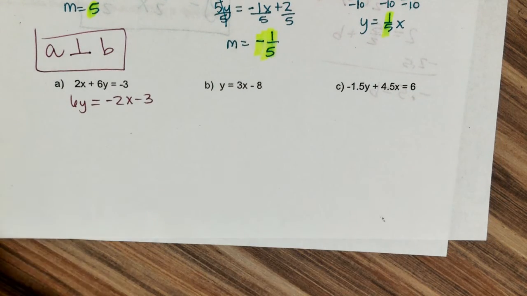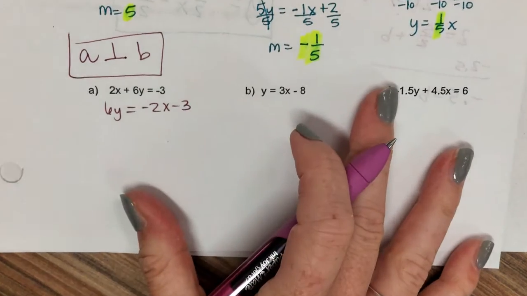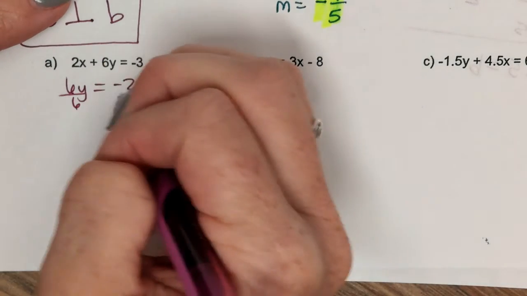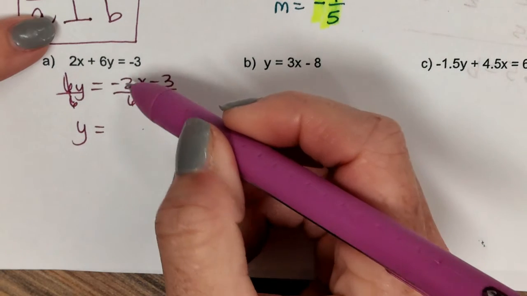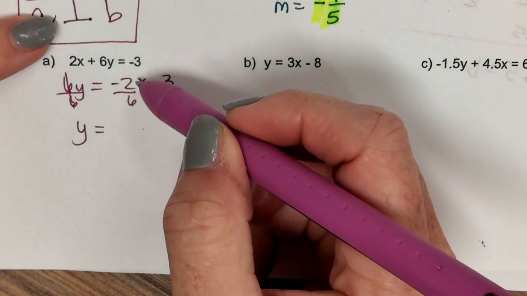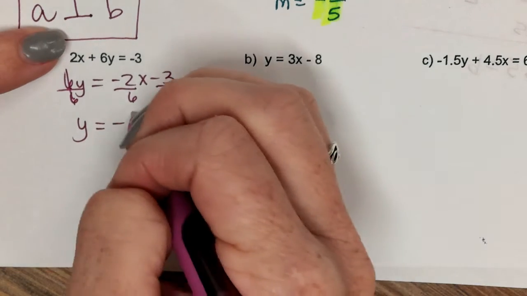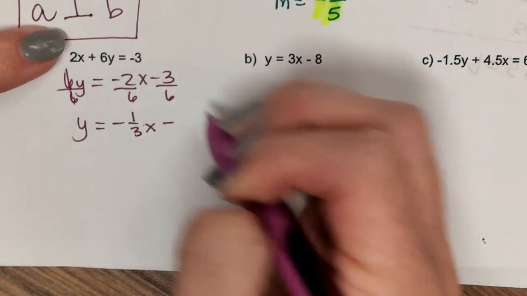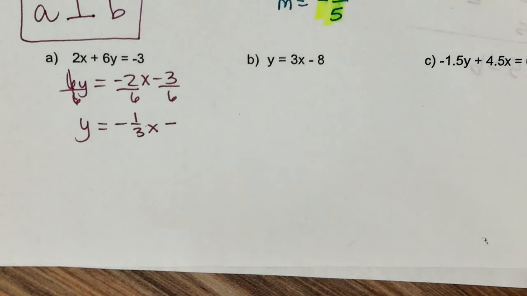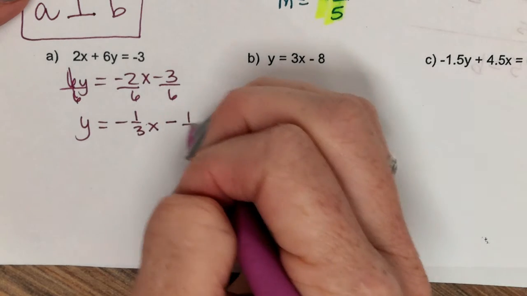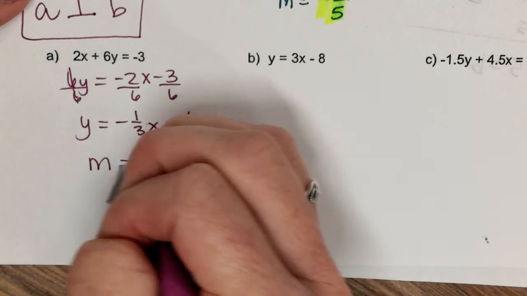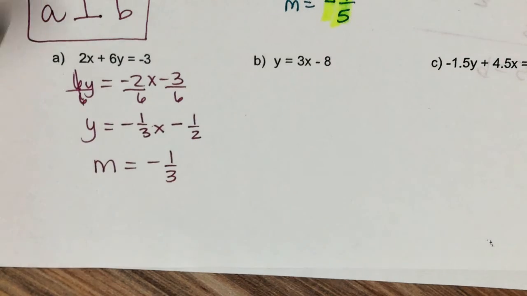How do I get rid of the coefficient 6? Divide everything by 6. And then simplify. So I have y equals, if I divide the top and bottom by 2, it becomes -1/3 x minus, and I really don't care about the b, but I'll go ahead and write it. If I divide the top and bottom by 3, it becomes 1/2. So the slope of this one is -1/3.